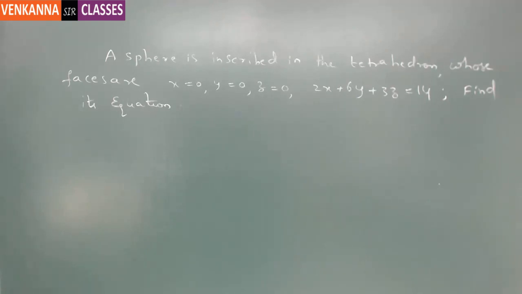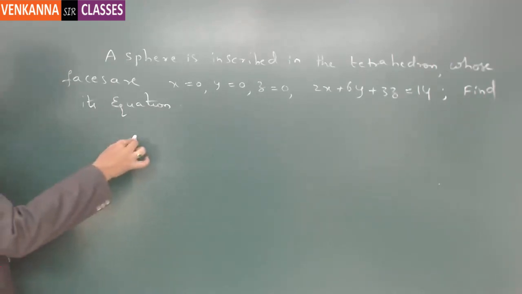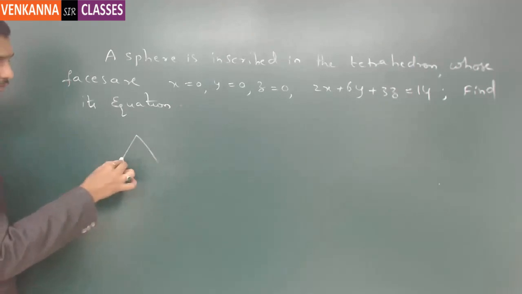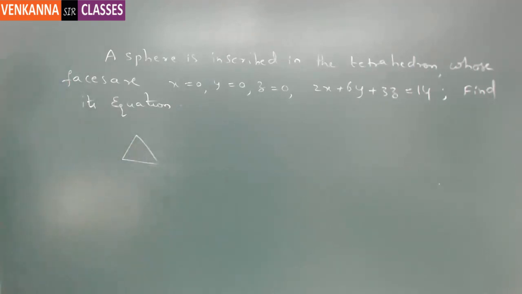If you understand that you are inserting a sphere in a tetrahedron, then for our visualization, just consider the case of a pyramid. On the top you have three faces and in the bottom you have one face. It is a triangular pyramid.